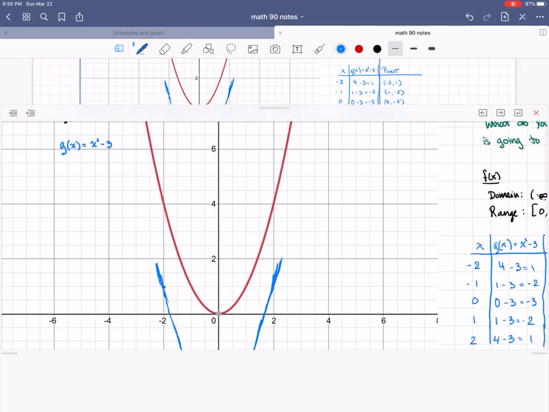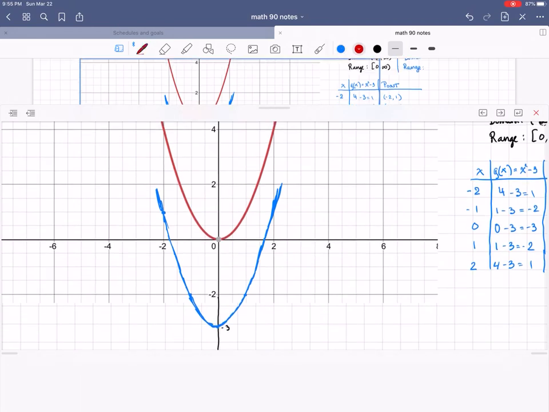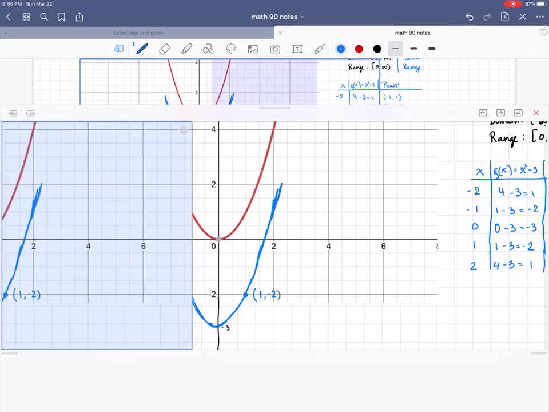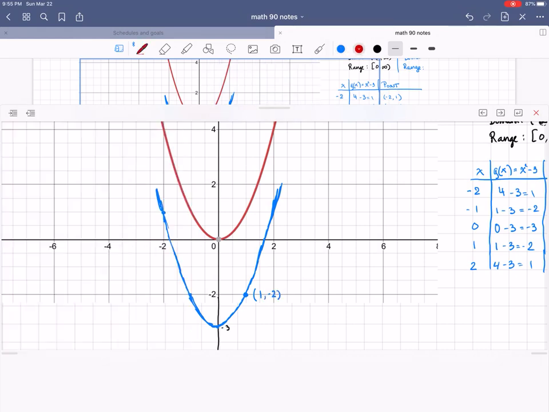So again, I want to very quickly do this with you. I'm not going to do a lot of examples, but what we're seeing here is that every single point on the graph of G, so this one is 1, -2, it has a point directly above it on the graph of F, right? So this point has the same x coordinate, but the y coordinate is 3 bigger.